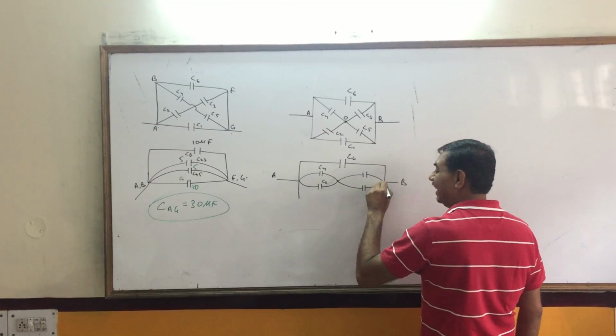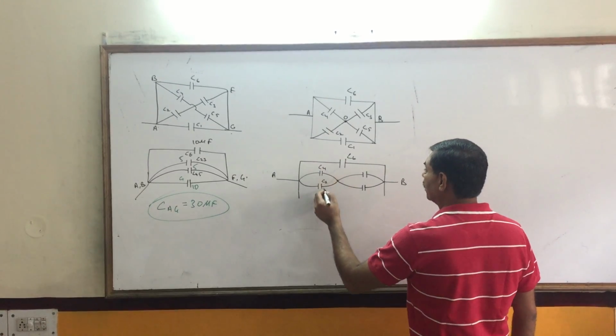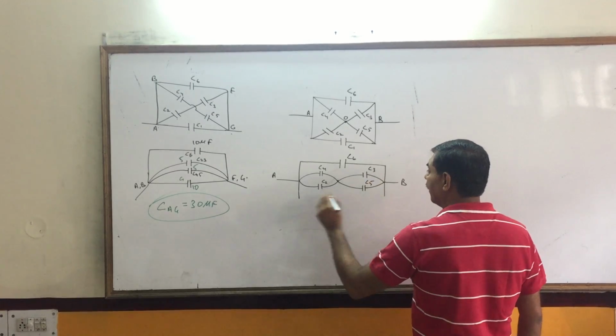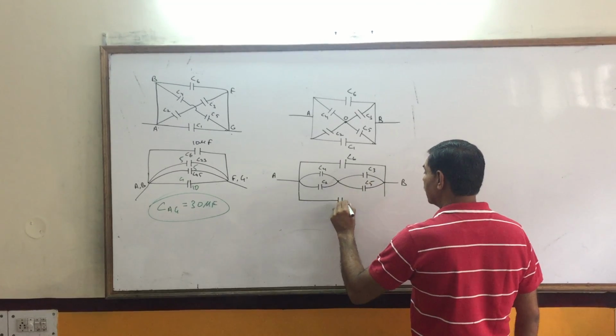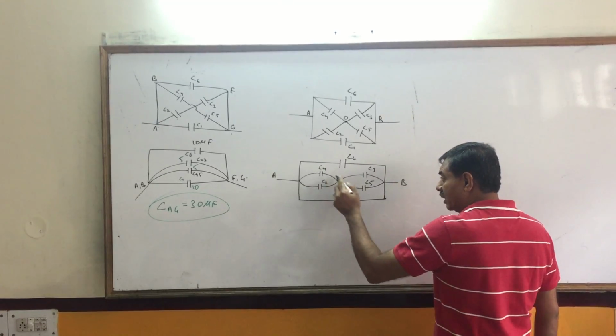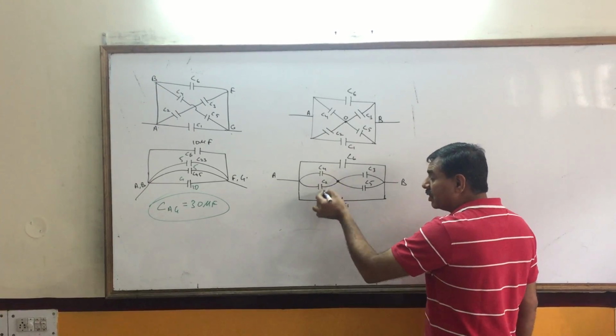This is actually like this. This is the capacitor C4, this is C2, this is C3, this is C5 and this here is C1. C1 and C5 are not in series. Who says? C4 and C2 are in parallel.